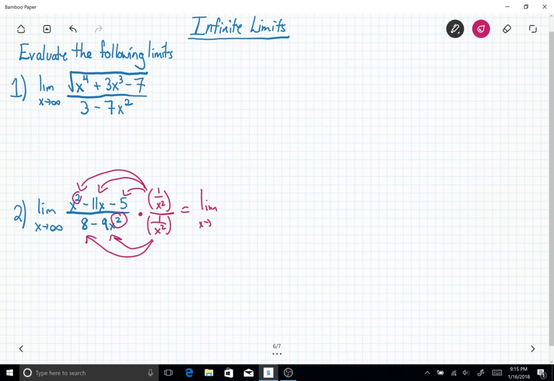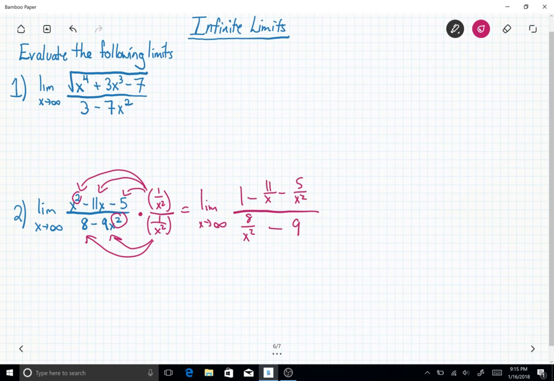There is something lying on the sidelines here that I'm about to make use of. When we multiply this out, we get 1 minus 11 over x minus 5 over x squared, and then we have 8 over x squared, and then minus 9x squared over x squared just makes minus 9.